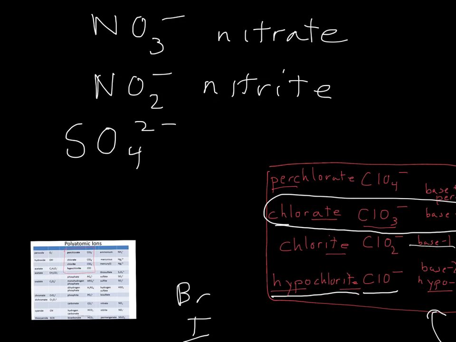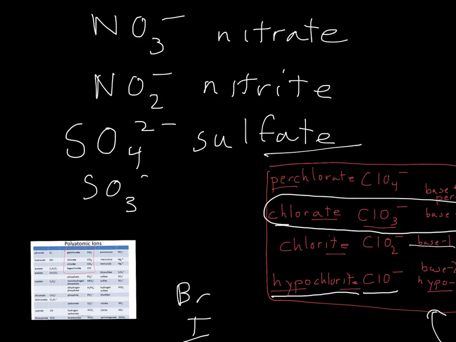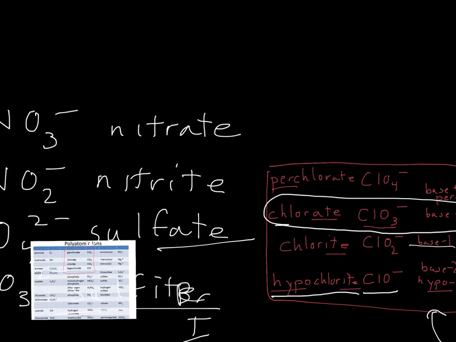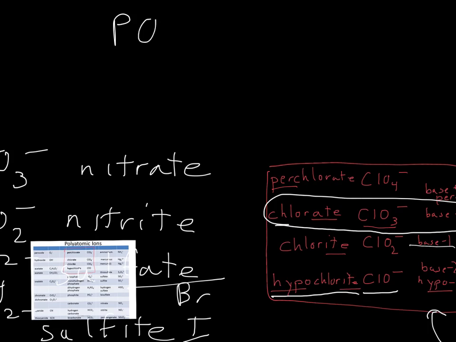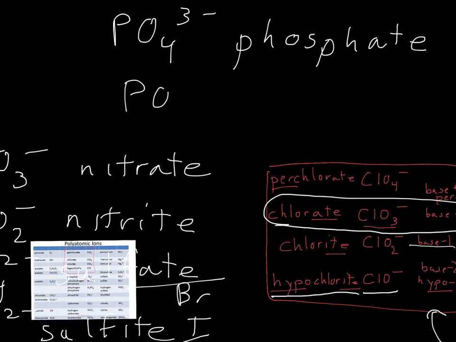We have SO4 2 negative is sulfate, take away an oxygen, and you have ate becomes ite, so you have sulfite. Just to beat the horse into the ground, you've memorized, or are going to memorize, that this is phosphate, so 1 less oxygen would be phosphite.